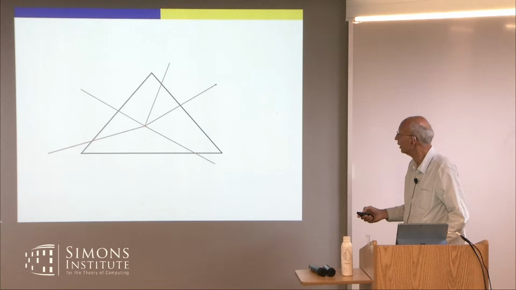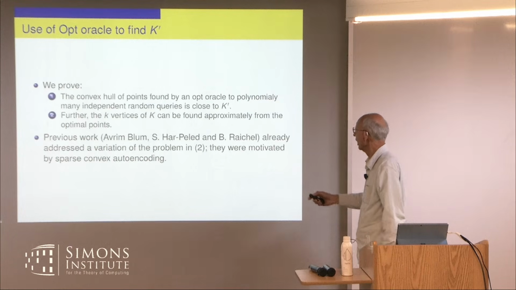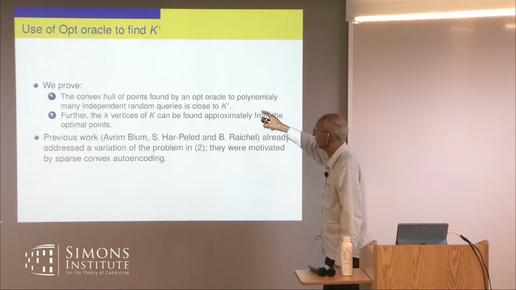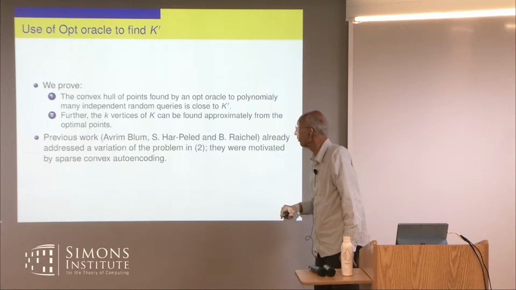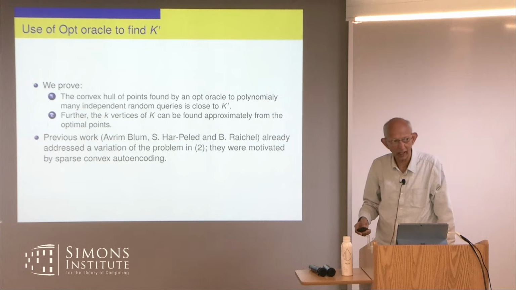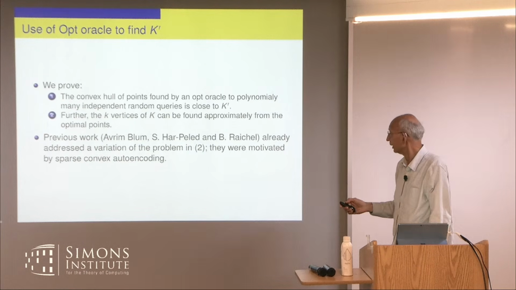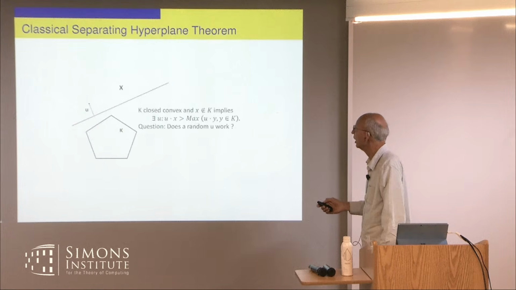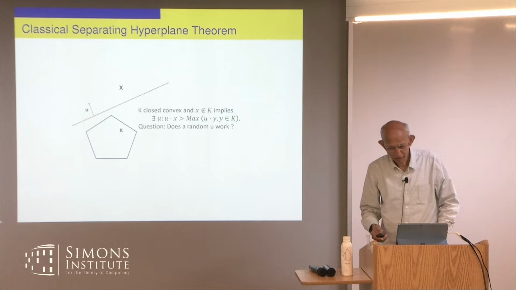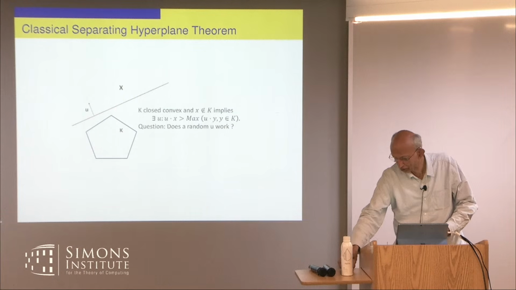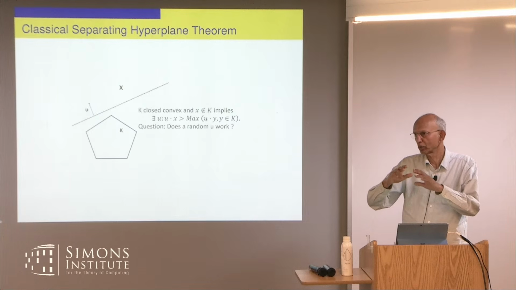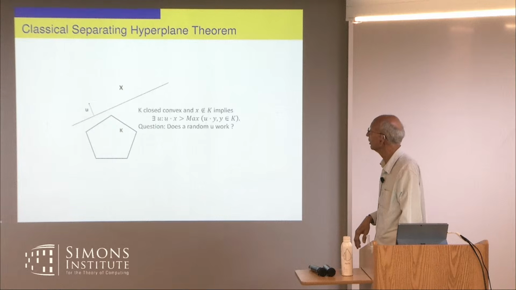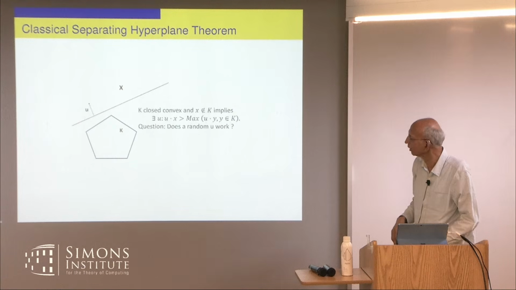Okay. How do we prove this? Okay. So, part one, I'm trying to prove part one. The convex hull of the points gives you all of K prime, and K prime and K are almost the same. And this has to do with separating hyperplanes. This is a self-contained bit about separating hyperplanes, convex geometry, right?